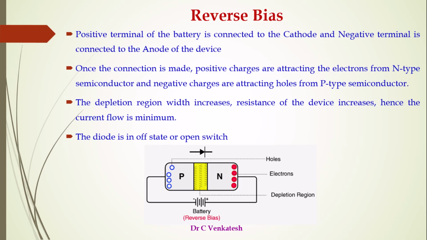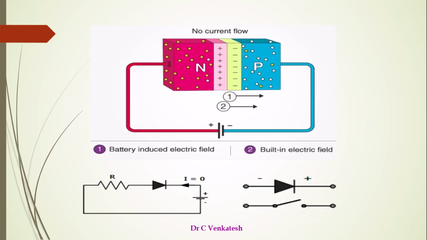The depletion region width increases, the resistance of the device increases, hence the current flow is minimum. The diode is in off state or open switch.